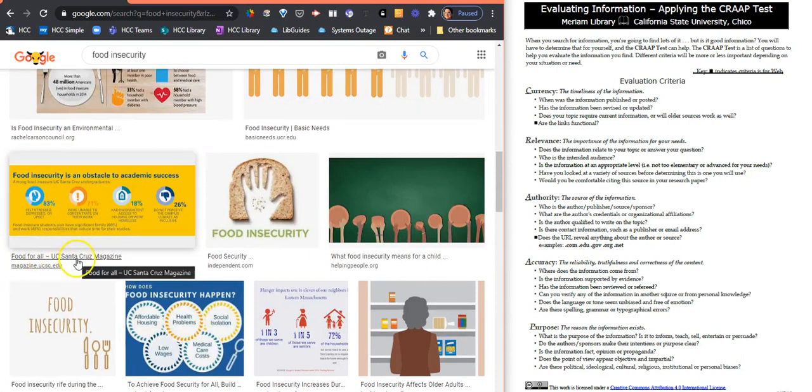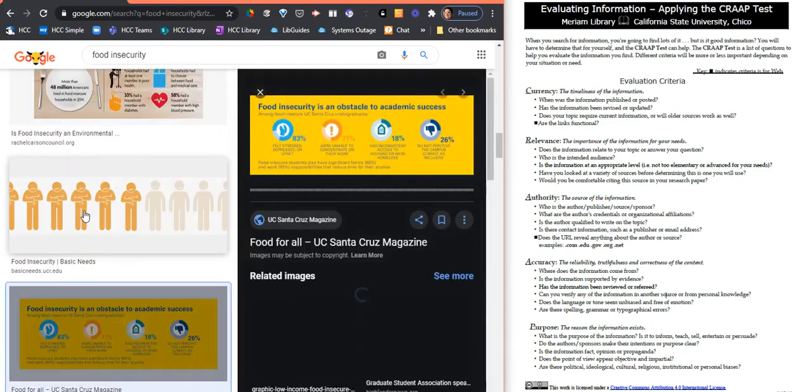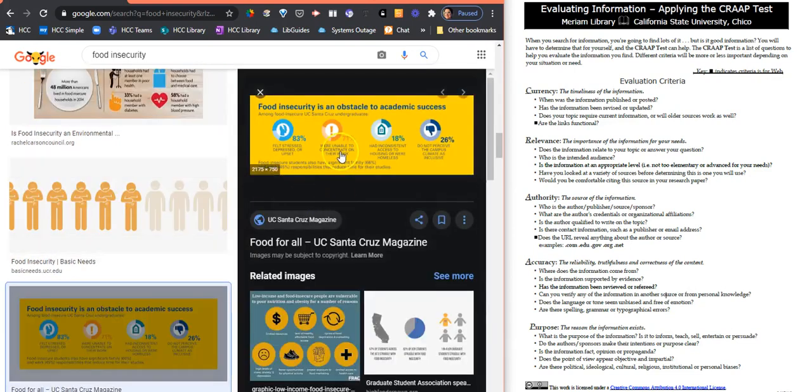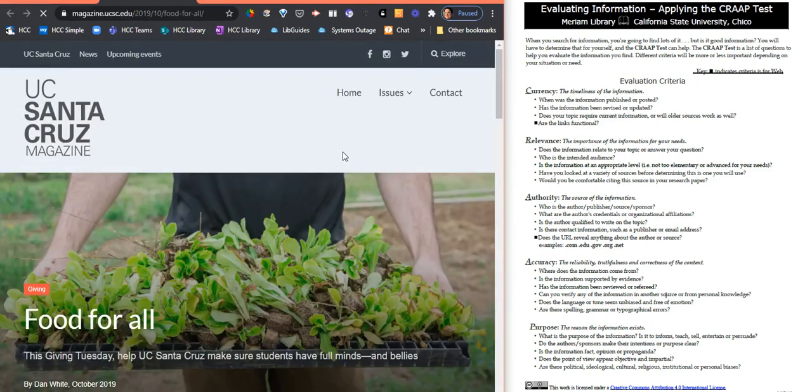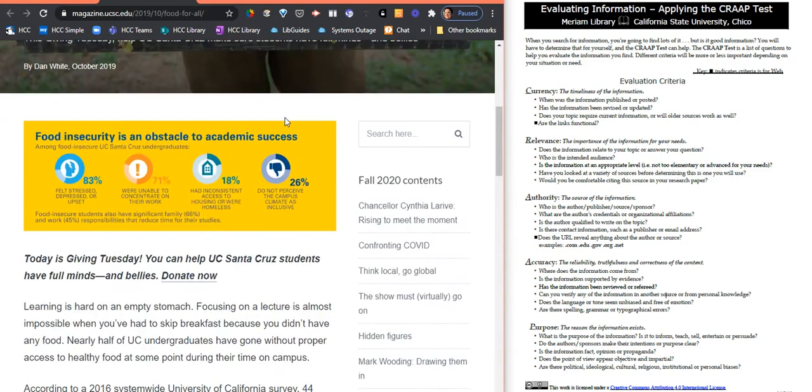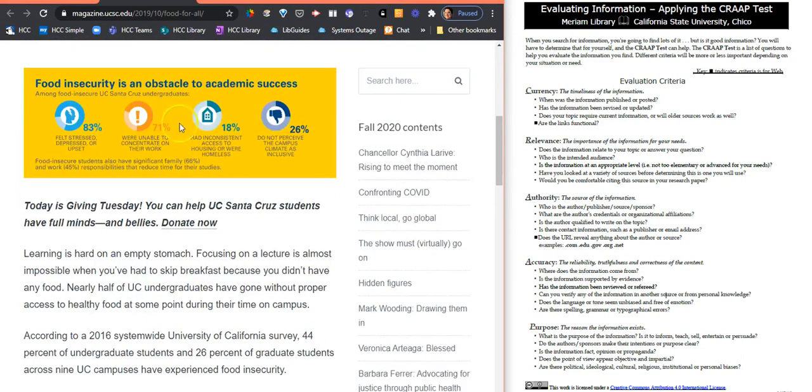So you see Santa Cruz magazine. I'm going to go ahead and click on it and just see where it takes us. So University of Santa Cruz, their publication, and they give an infographic. Okay, so this is an infographic among food insecure undergraduates.